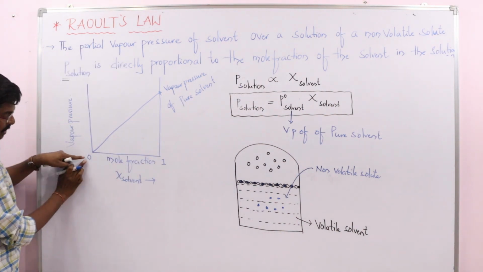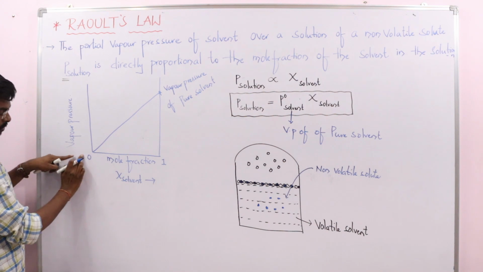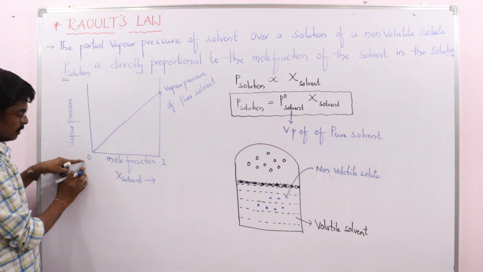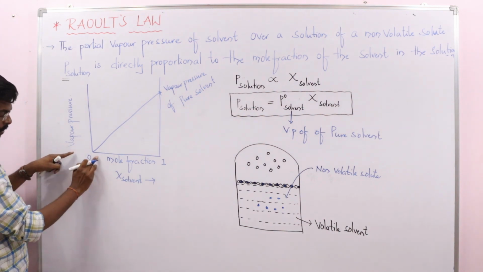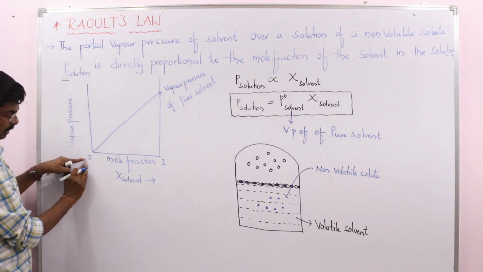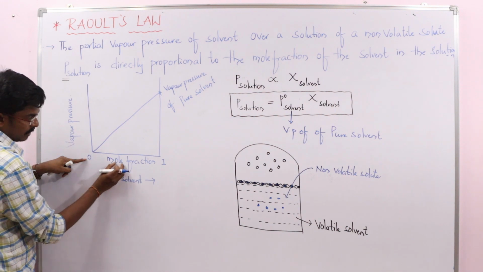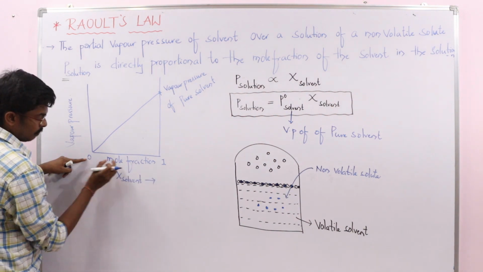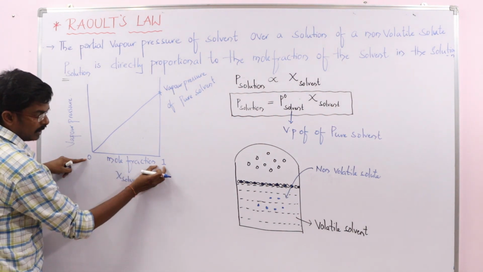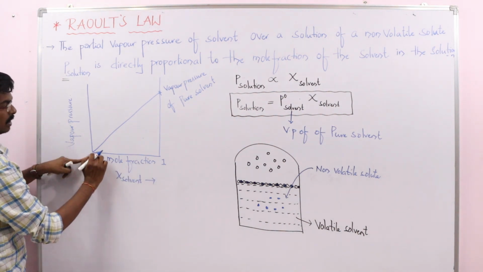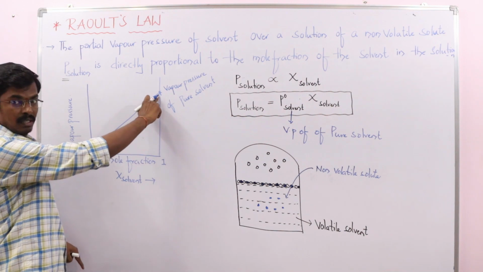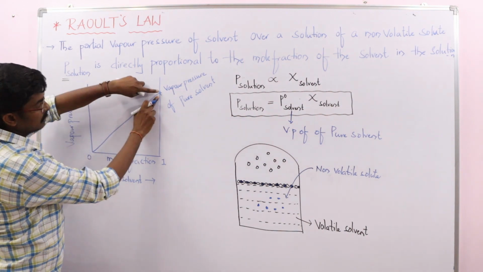Initially I have 0 mole fraction, so there is no solvent component. If the mole fraction of solvent increases from 0 to 1, the vapor pressure also increases.